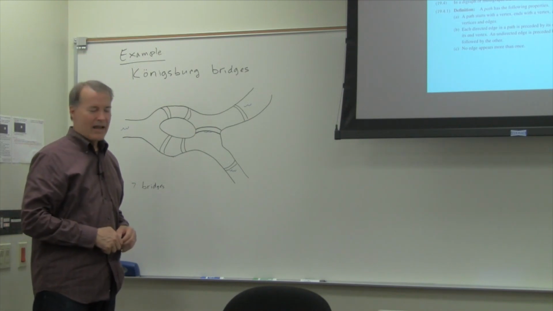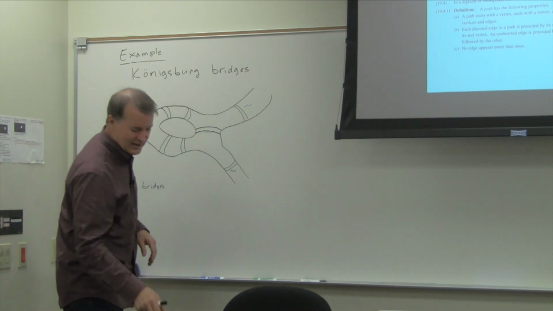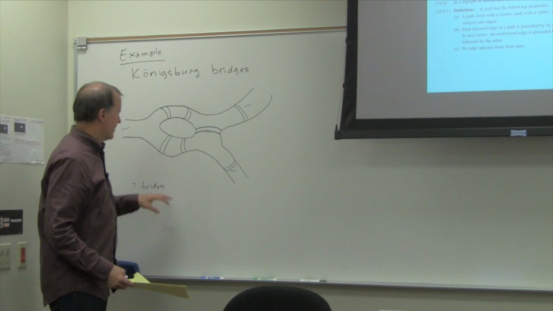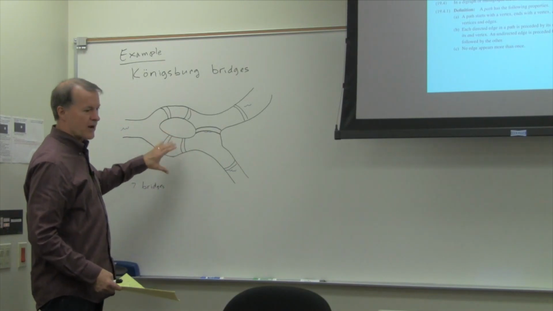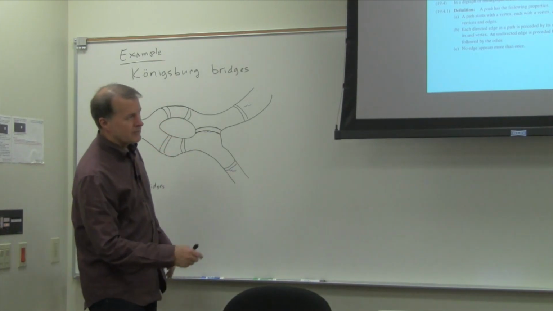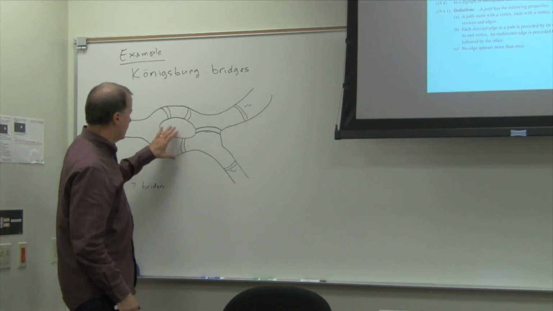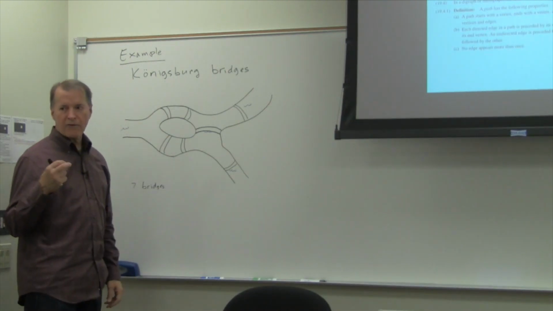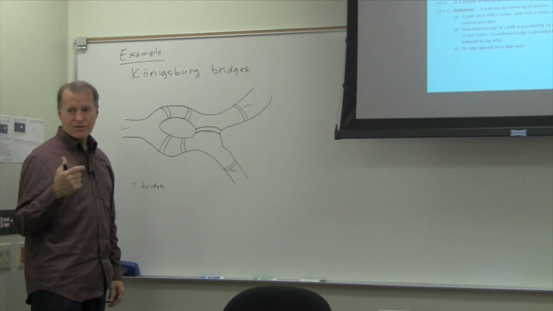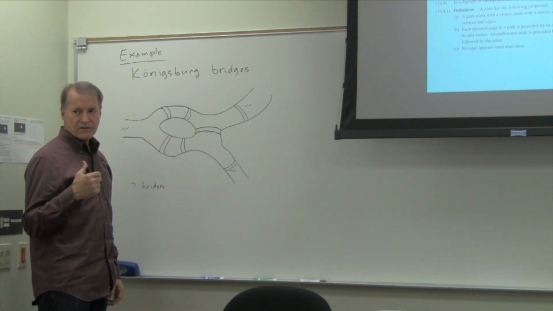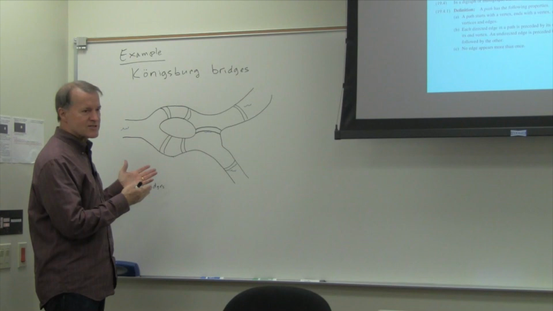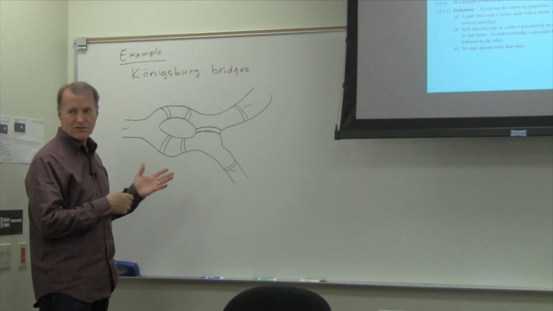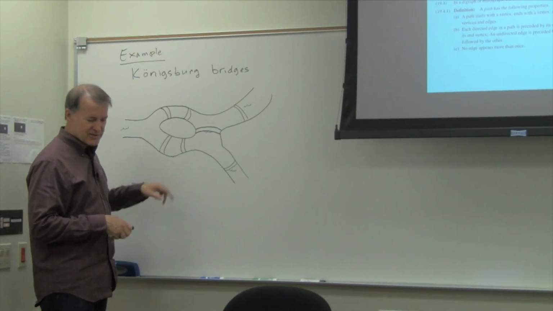All right. And how did he do this? What he did is he modeled this as a graph. Now, in a graph you've got vertices and edges. So which ones are the vertices and which ones are the edges? Yeah, the land masses, right.